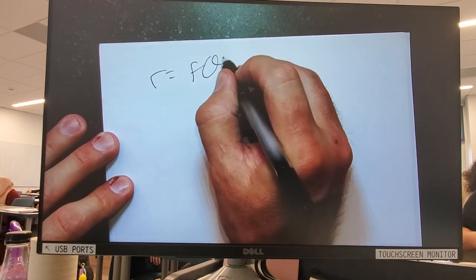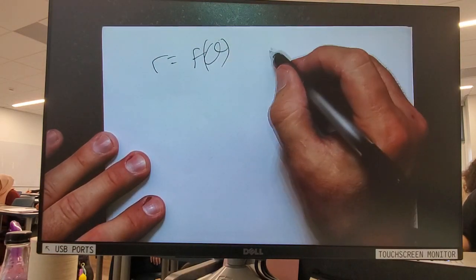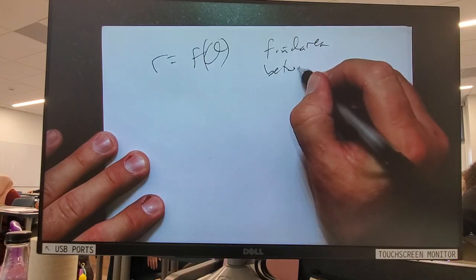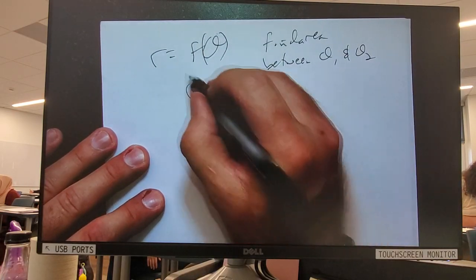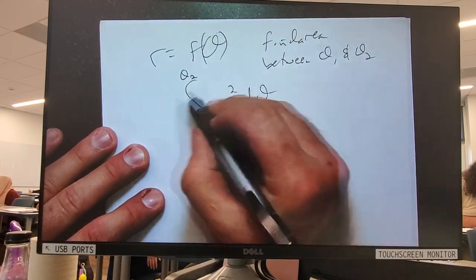So if I'm given R as a function of theta, and they ask me to find the area between theta 1 and theta 2, I would just calculate that.